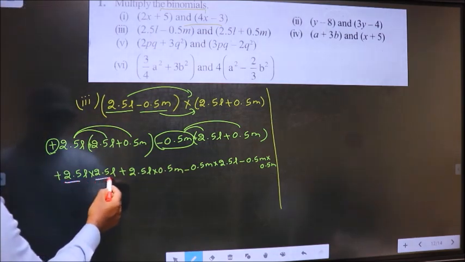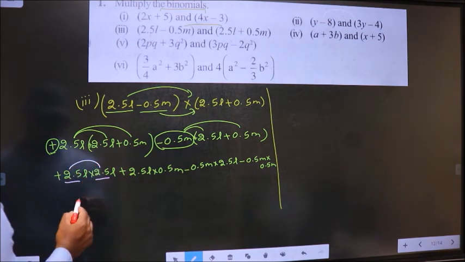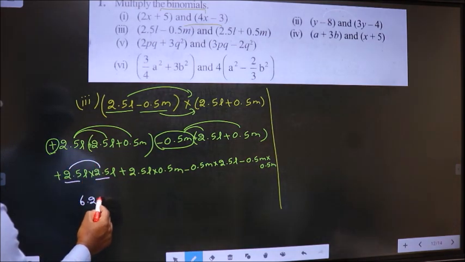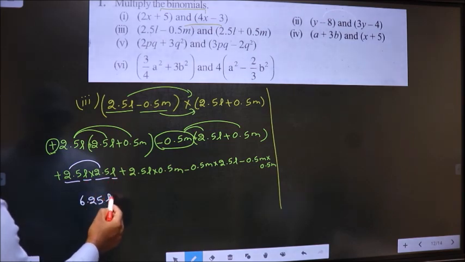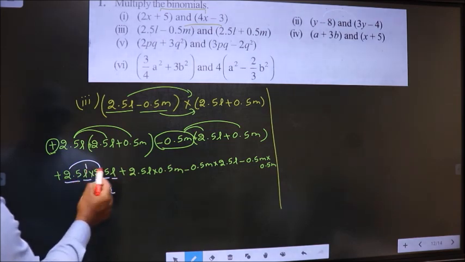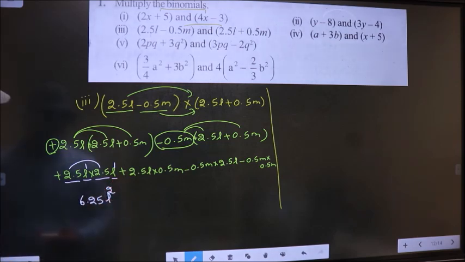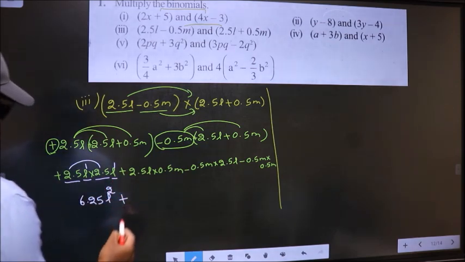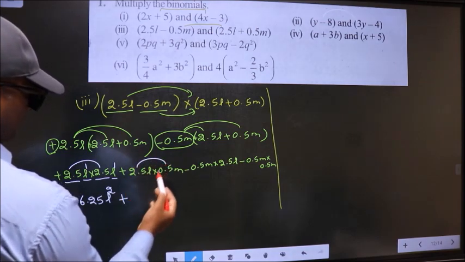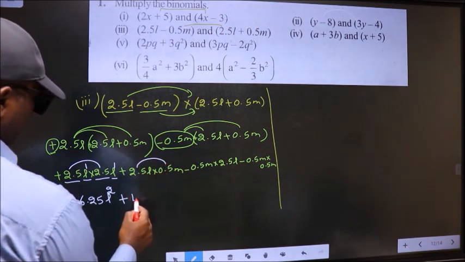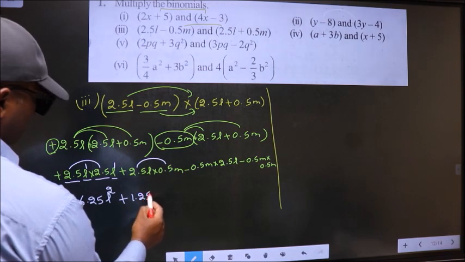Next. First numbers 2.5 into 2.5, 6.25. L into L. Letters are same, add the powers, 1 plus 1 we get L square, plus 2, here the numbers 2.5 into 0.5 we get 1.25.